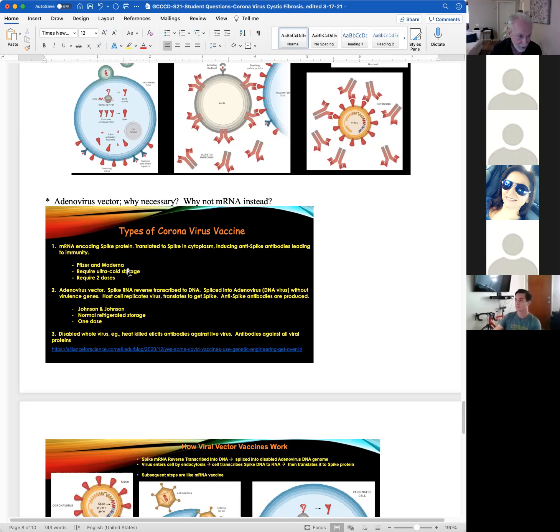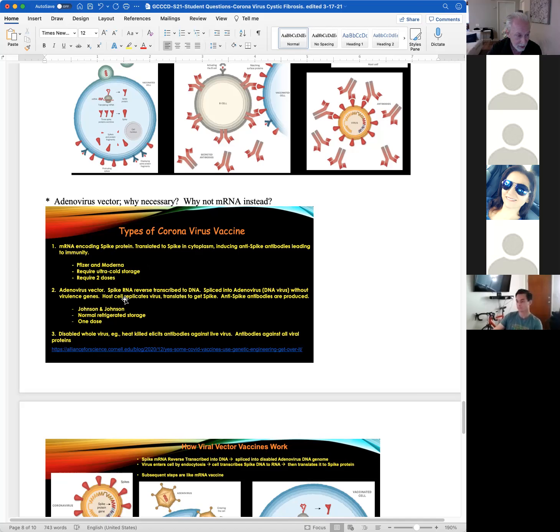And because of that fragility, they have to be stored in ultra cold conditions, -80 centigrade. And it requires 2 doses to achieve full immunity. You get some immunity with 1 dose, but you really need 2 to be fully protected.